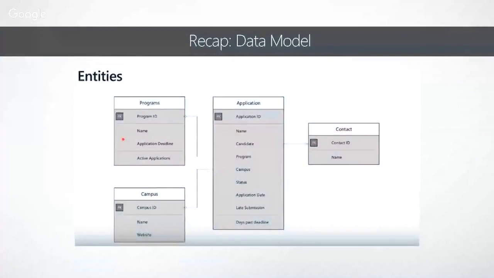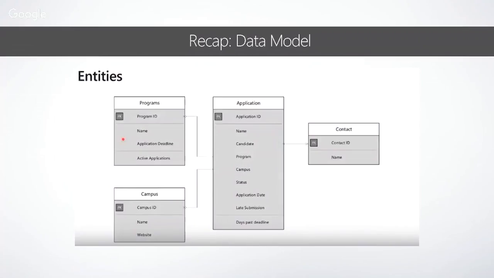Okay, so just a quick recap. The first session was with Clay, and he covered the data model and created the different entities for this scenario, which involves student recruitment. So imagine a college campus that is accepting applications from students, and they run them through the admission process: accepting applications, scoring them, things like that.